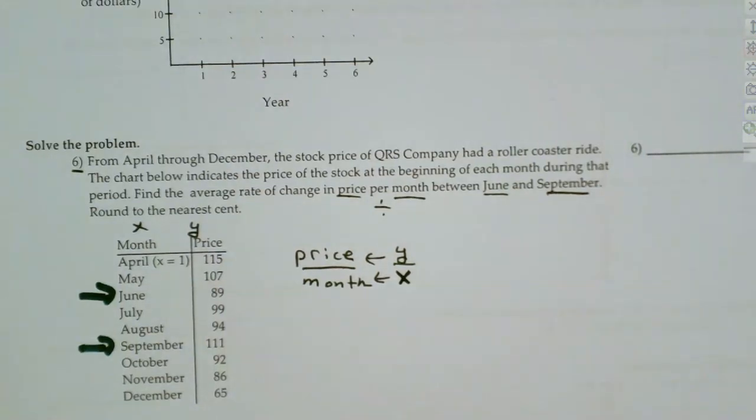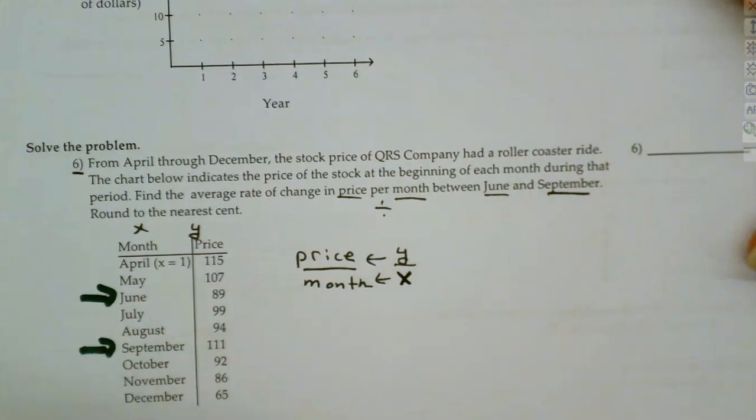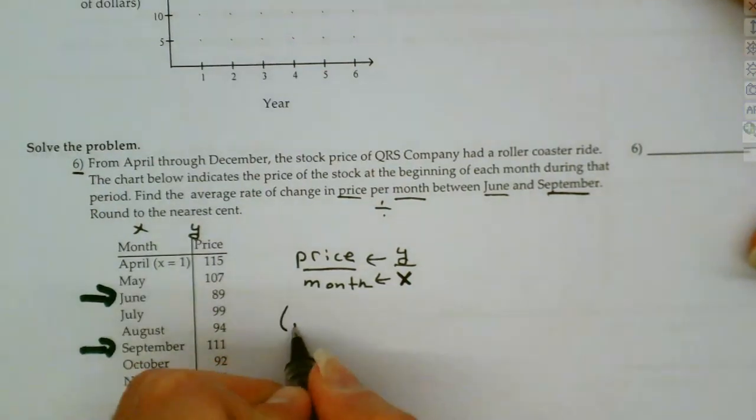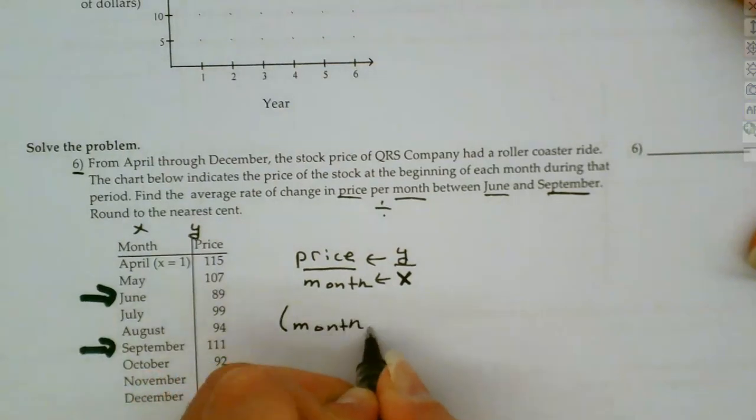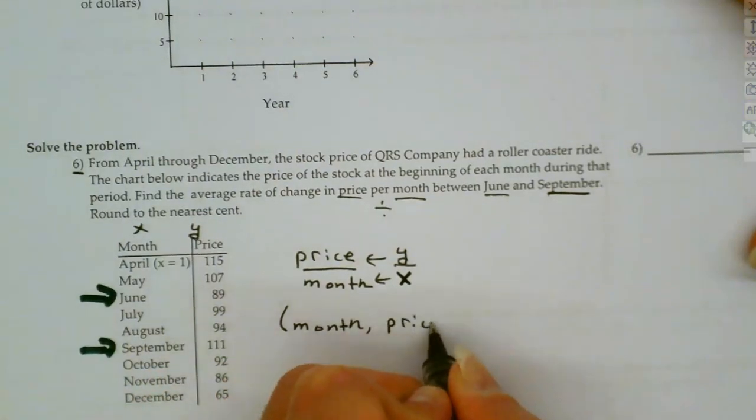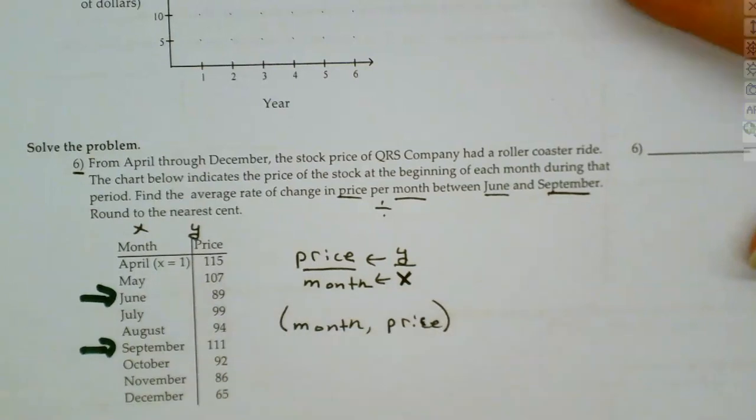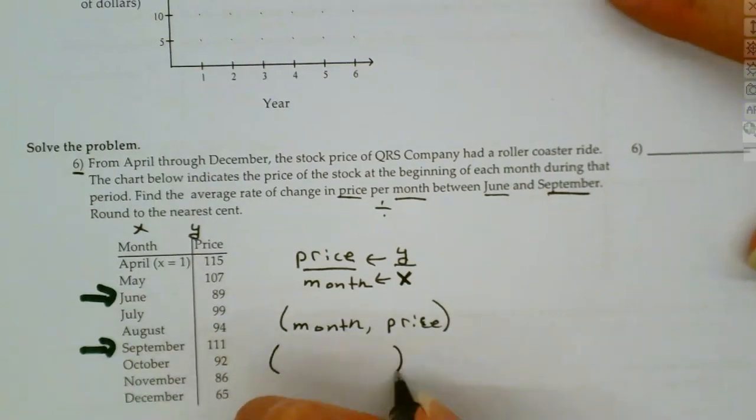We need to get our ordered pairs. So let's look at our table and get our ordered pairs. Ordered pairs are going to go month, price. So what do my ordered pairs look like now? Let's write them out.